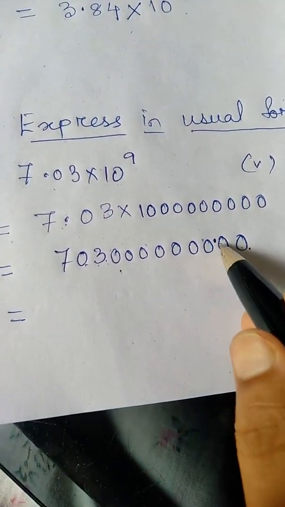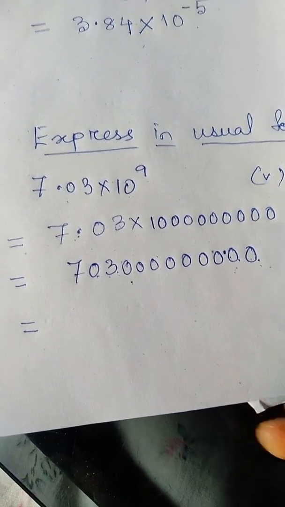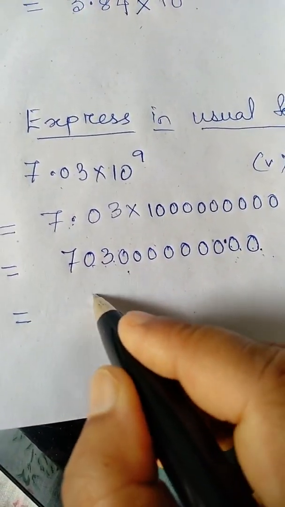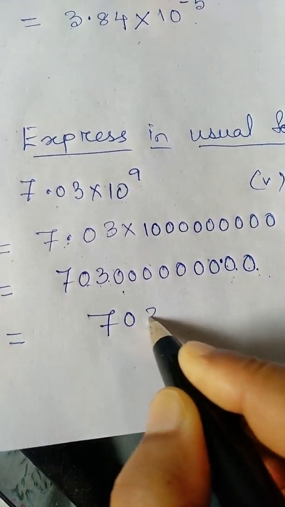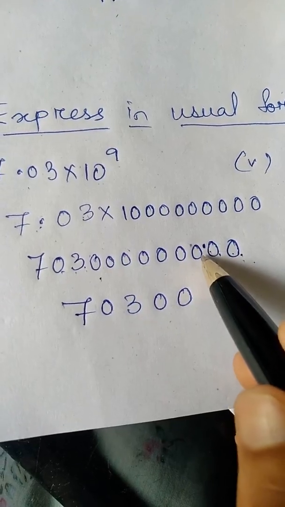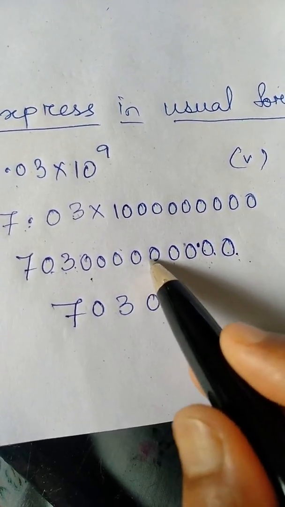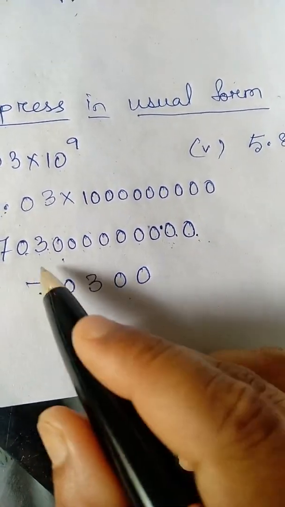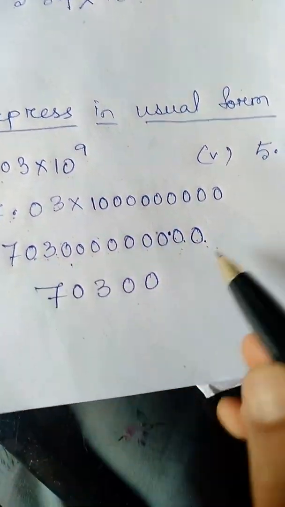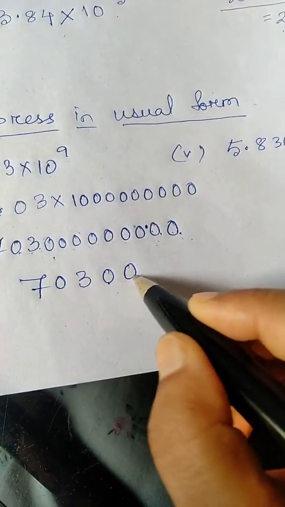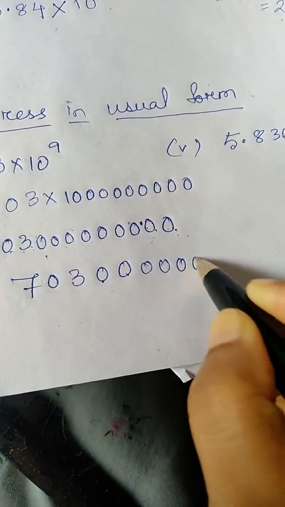So after the point, zeros have no value. Before the point, zeros have value. So here 7, 0, 3, 0, 0. How many zeros are there before the point? Let us count: 1, 2, 3, 4, 5, 6, 7. And here with this 9, that means 3, 0: 1, 2, 3, 4, 5, 6, 7.